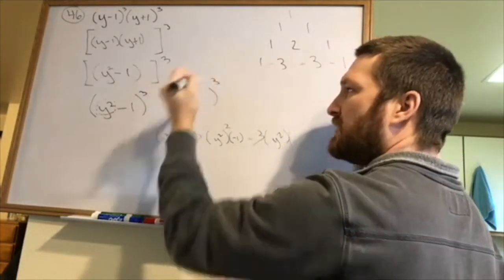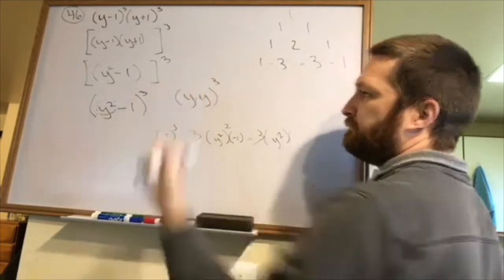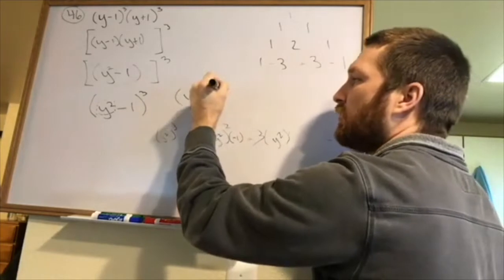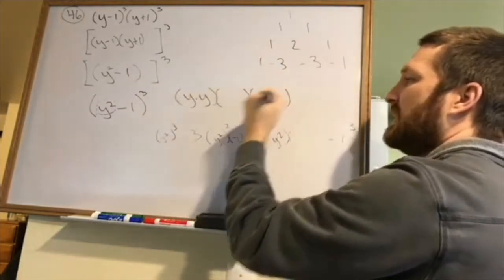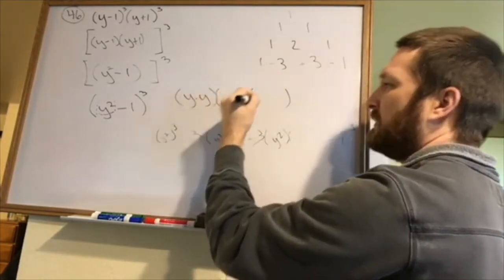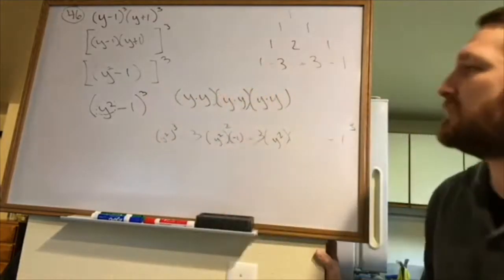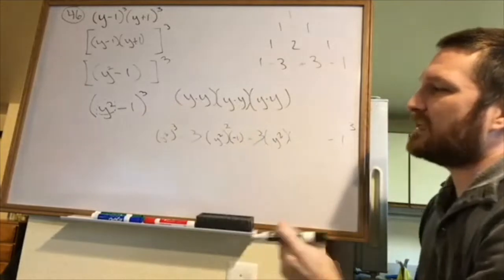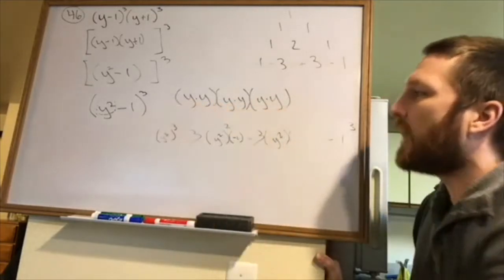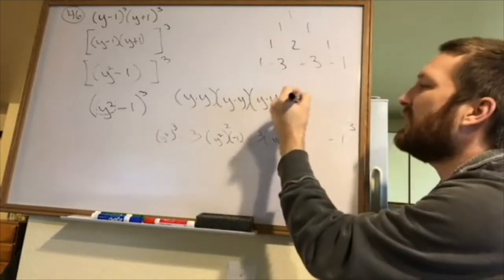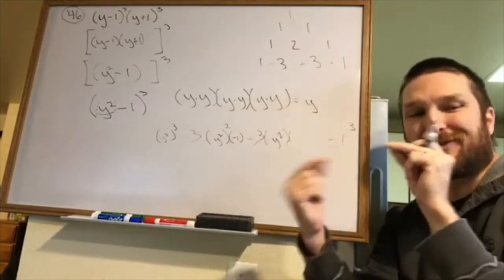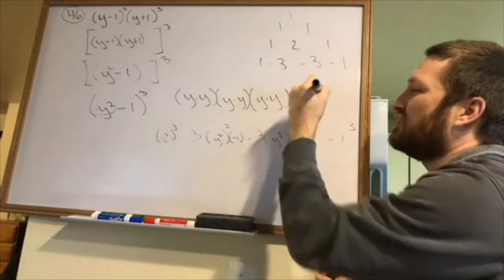Well, y squared means y times y. What does something cubed mean? It means to do it 3 times. So I have this same picture, y squared, which is y times y, 3 times. Now I'm just counting up the number of y's that I have, and I can see I have a total of 6 y's. Then my brain goes, oh, that's right. The rule is 3 times 2 in that case, and it gives me 6.